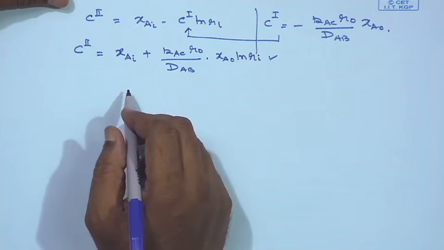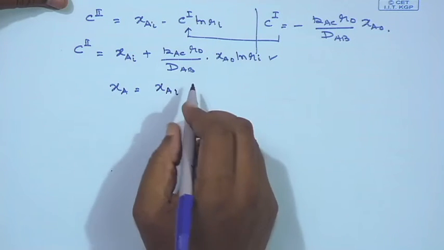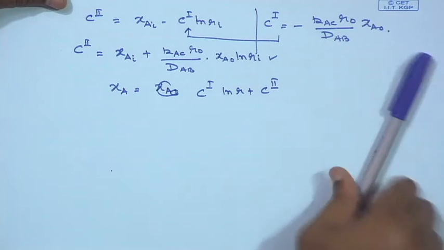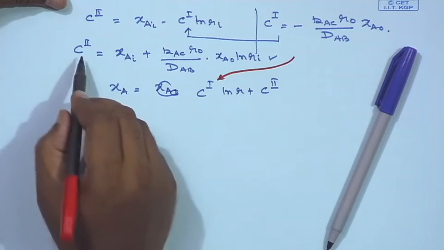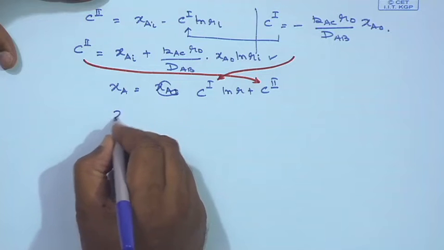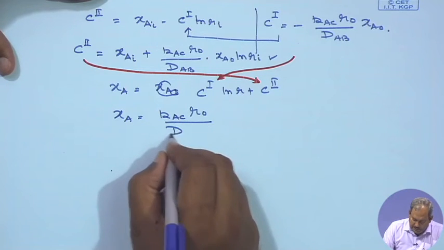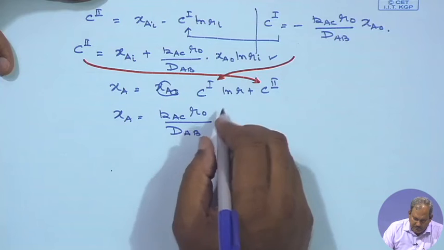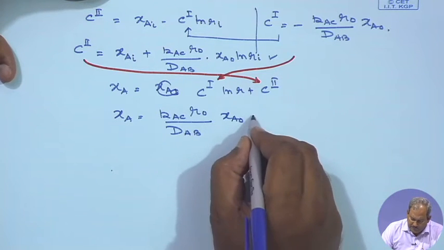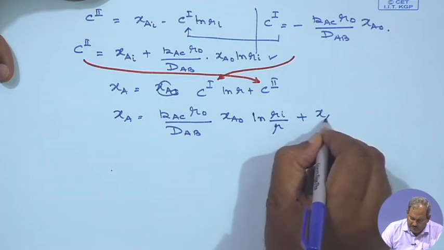So, if I go back to my original expression of xA to be equal to C1 ln r plus C2, and plug in the values of C1 and C2 in here and do a little bit of simplification, what you are going to get is xA is equal to Kac r naught by DAB times xA0, which is the expression for C1, times ln rI by r, plus xAI.